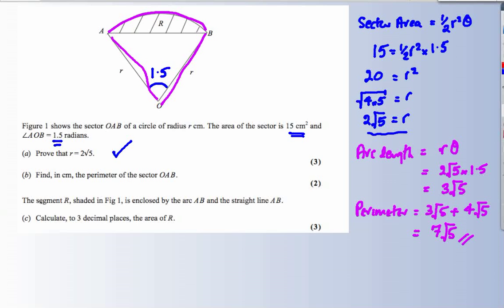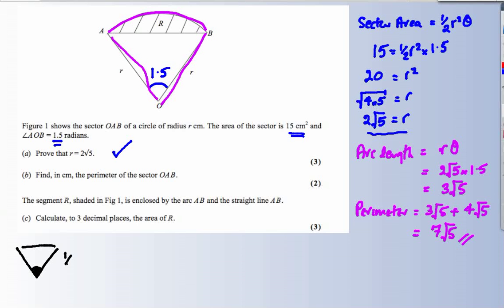And finally, the segment area. For the segment, what we will do here is take the sector, which we know to be 15, and subtract the area of the triangle. Now, the best way to work out the area of a triangle is the formula half AB sine of the angle included.